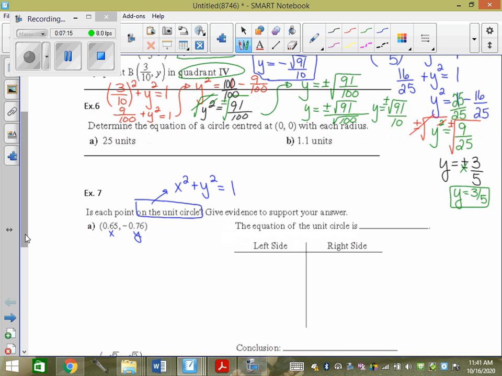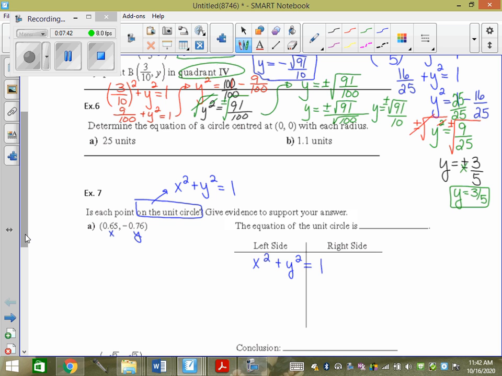So what is the left side? The left side is x squared plus y squared equals 1. We have x, we have y. When you do a check and you want to prove that something works or does not work, everything on the left stays on the left, everything on the right stays on the right.